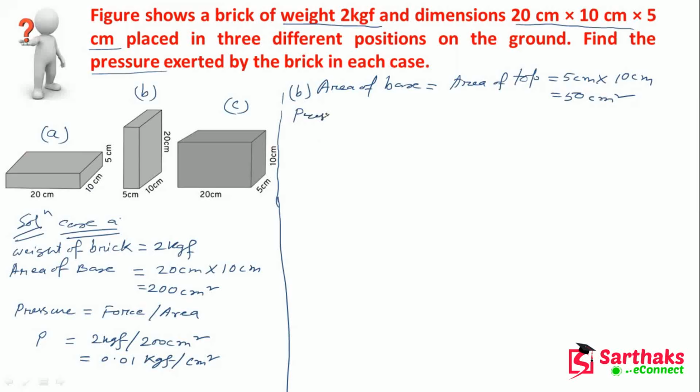So the pressure is force by area, that equals 2 kgf divided by 50 centimeter square. So it will be 0.04 kgf divided by centimeter square.